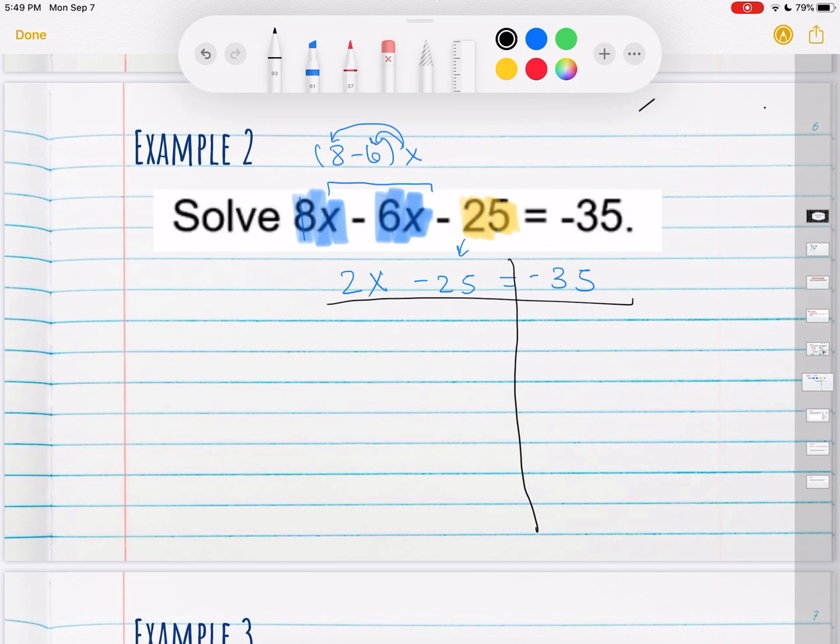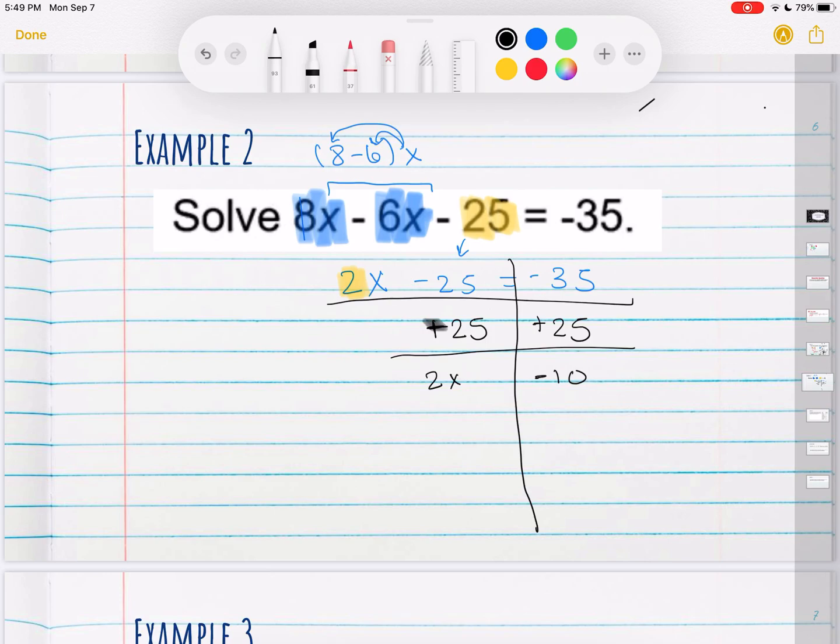Who is my best friend for x? If you said 2, you're exactly right. I'm going to get rid of 2 at the very end. So I'm going to start by adding 25 to each side. To get rid of that minus 25, I add 25. That's an inverse operation. So on my left side, I'm left with just 2x. On my right side, well, -35 plus 25 is -10.